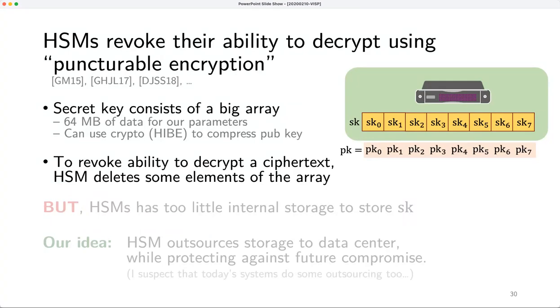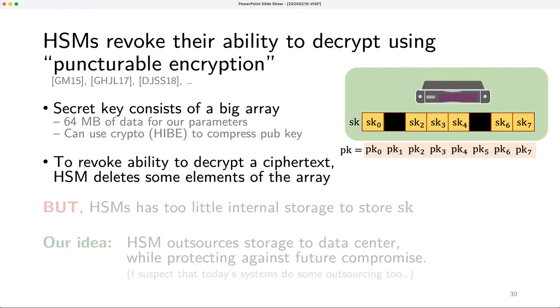To revoke its ability to decrypt a certain ciphertext, the HSM just needs to delete some of these secret keys. So the secret key is a big array, and to revoke your ability to decrypt, the HSM punctures this array, or deletes the elements of this array at certain places. This is at a very high level what puncturable encryption schemes do.